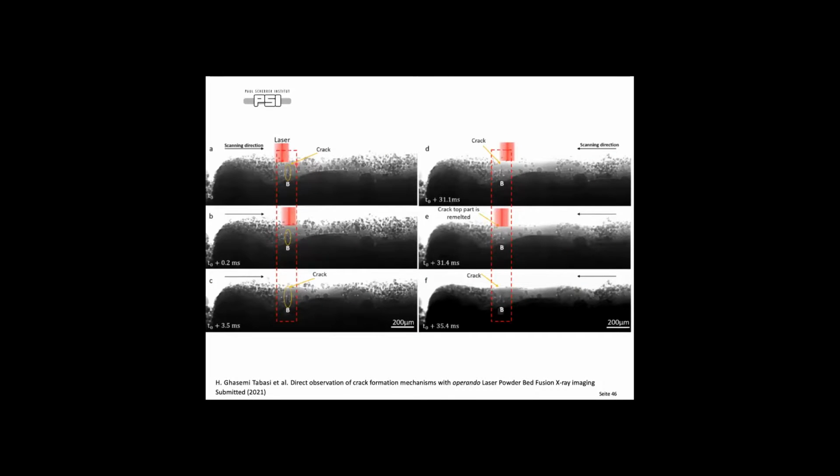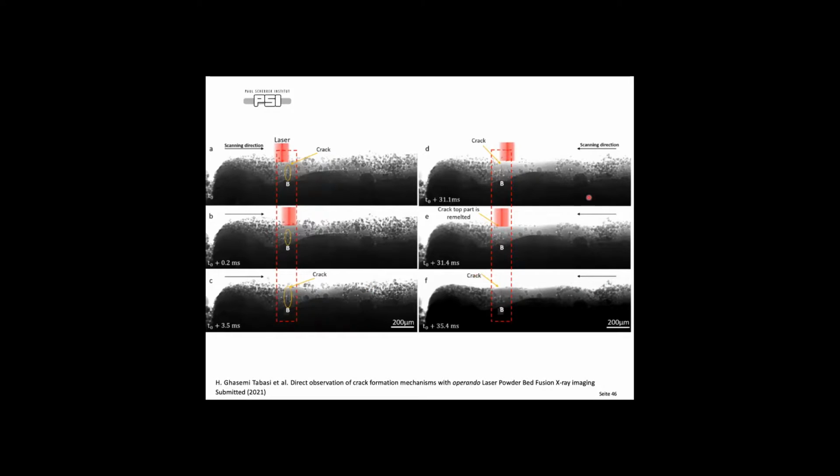Here we have a crack that is already present from other previous tracks or so. And then we see how when the laser beam is passing, there is no interaction between this cracking and the laser beam. So this crack remains just stable when the laser is passing by. But when the laser is a bit further away, then we see how this crack is growing.